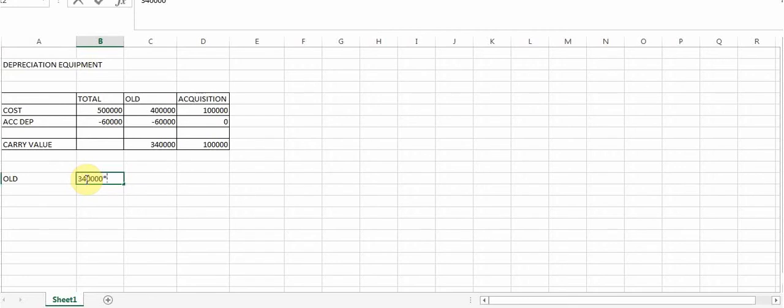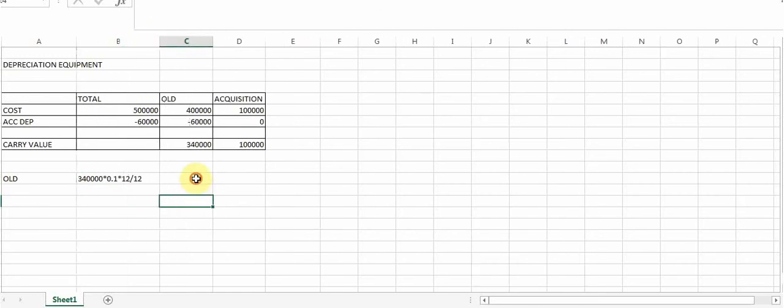I am going to times it by the percentage given to me in note number 3 in the additional information, which is 10%. And then I'm going to times it by 12 over 12 because this is indeed the old equipment. So if I do that calculation, I get to an answer for depreciation for the old of 34,000 Rand.